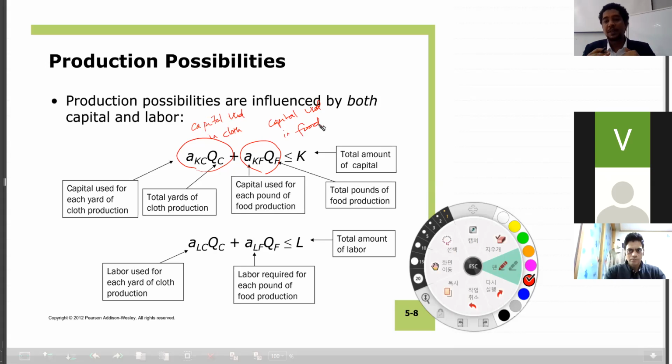So the capital required to produce clothes and the capital required to produce food must be less than or equal to the total capital we have, right? Because we can only consume what we have, so resources cannot exceed the supply of resources we have.